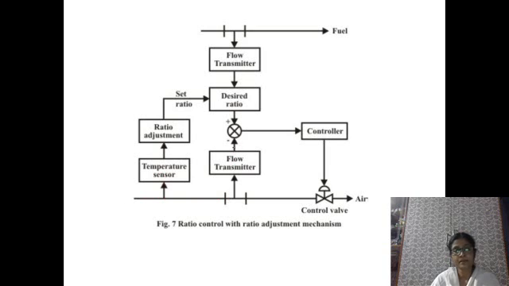air flow path. So initially the flow of the uncontrolled path and the flow of the controlled fluid path are measured, and maintaining the desired ratio, both are compared. Accordingly, the controller will take action on the control flow path.